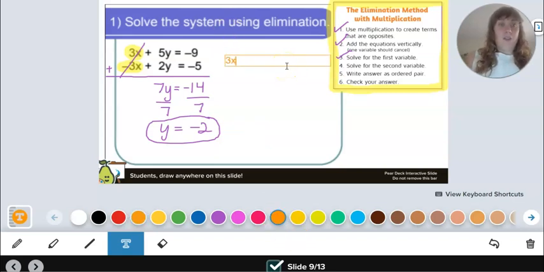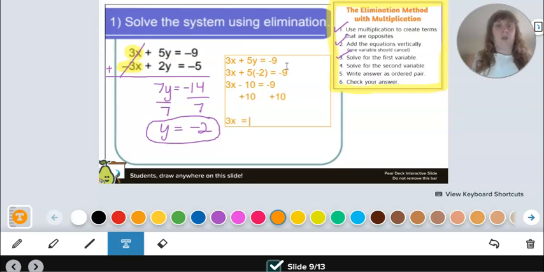So I'll pick the first equation, which is 3x plus 5y equals negative 9, and I'm going to plug in negative 2 for y. So we have 3x, 5 times negative 2 is a negative 10. So we have 3x minus 10 equals negative 9. Then I'm going to add 10 to both sides, and I get 3x equals negative 9 plus 10 is 1.